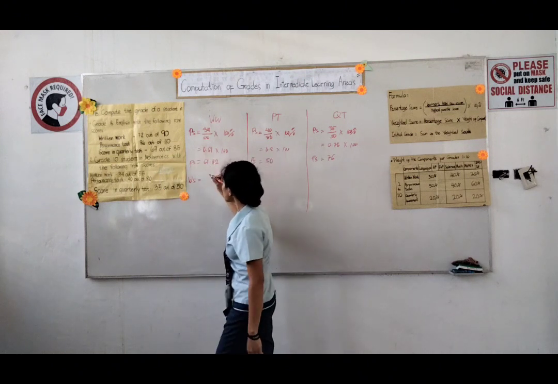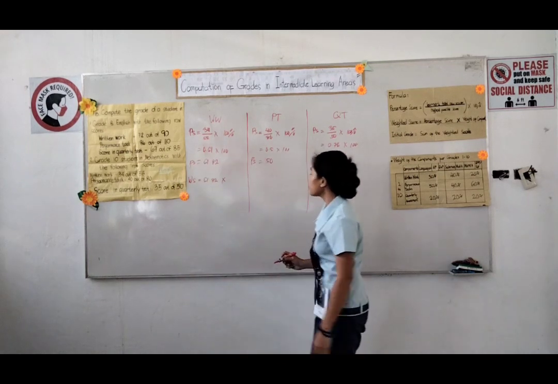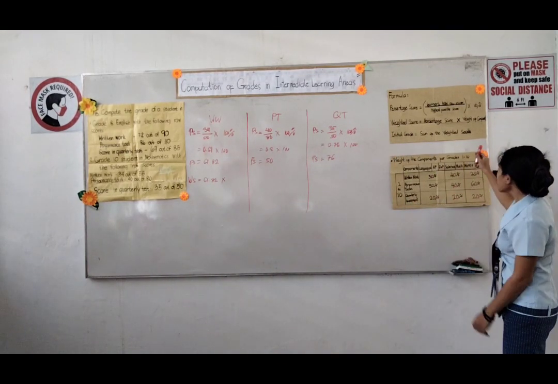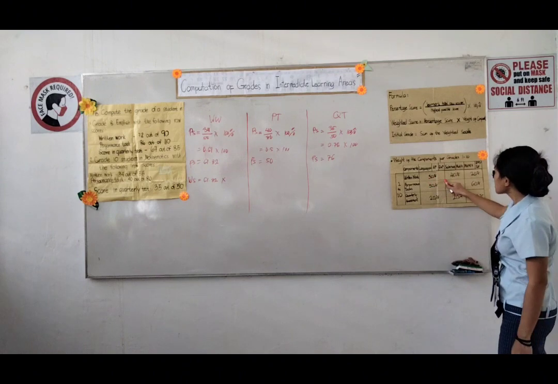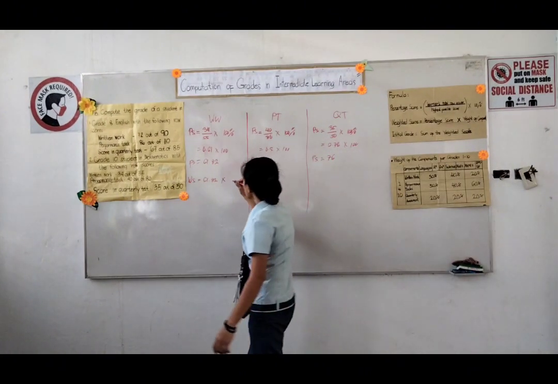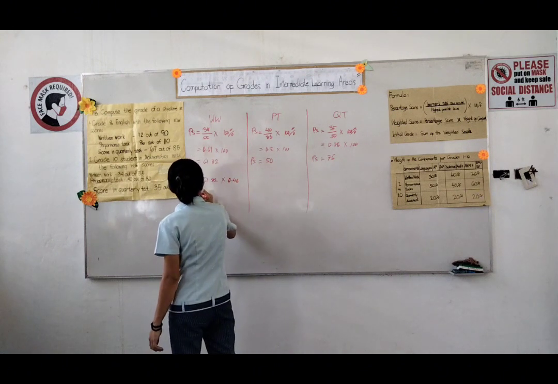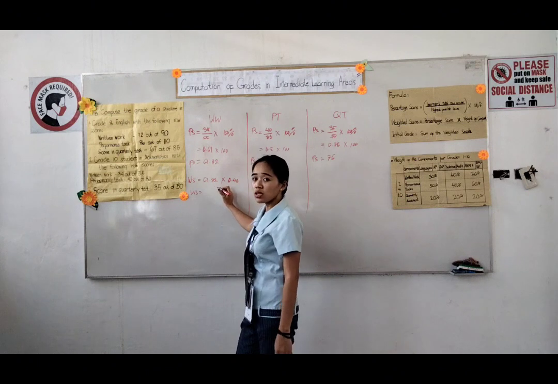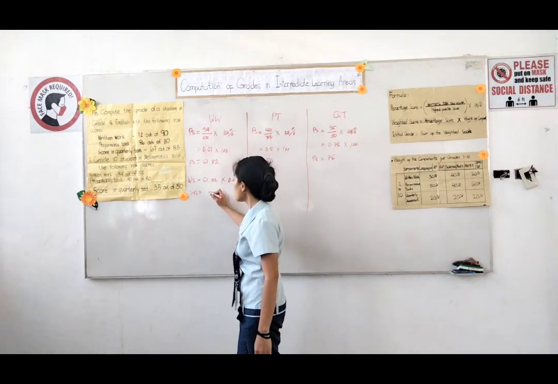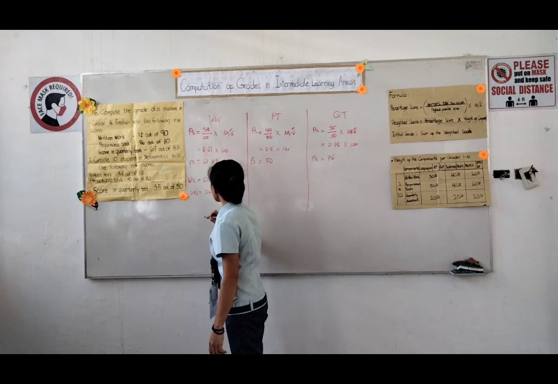Here we have 61.82 times the weight of the component, which in mathematics is 40% or 0.40. 61.82 times 0.40 is equal to 24.73.